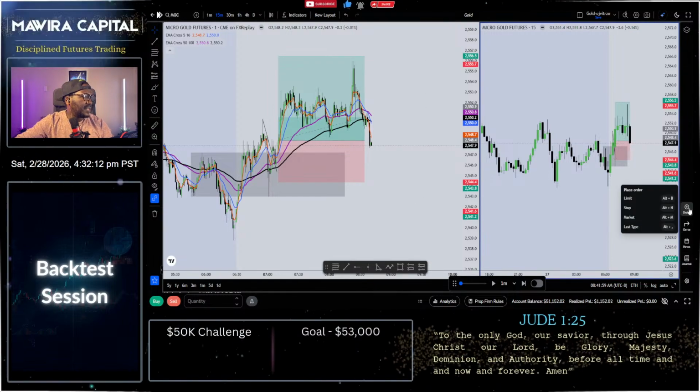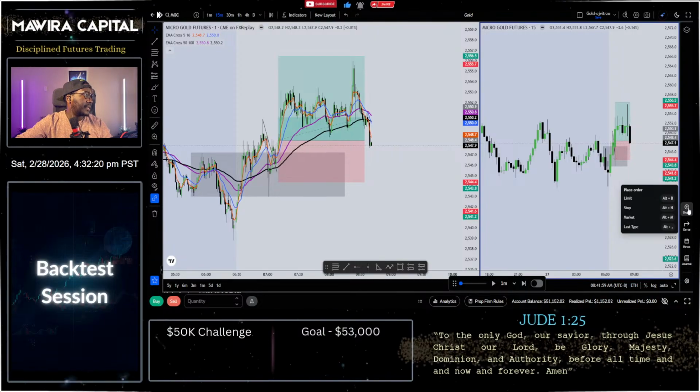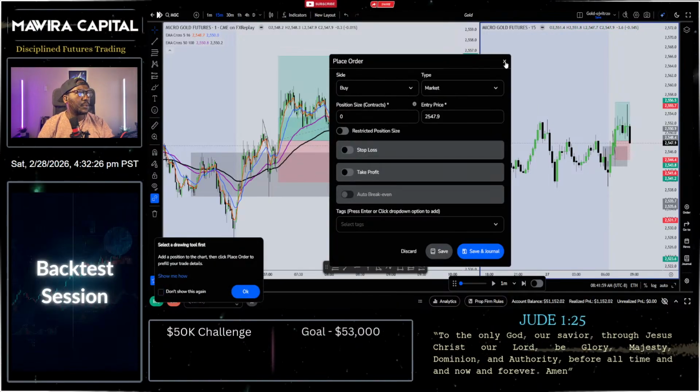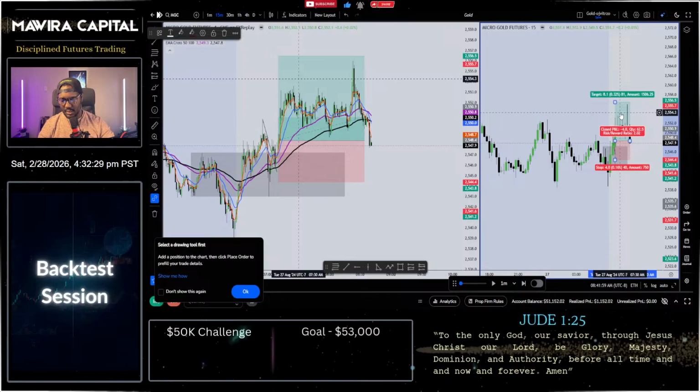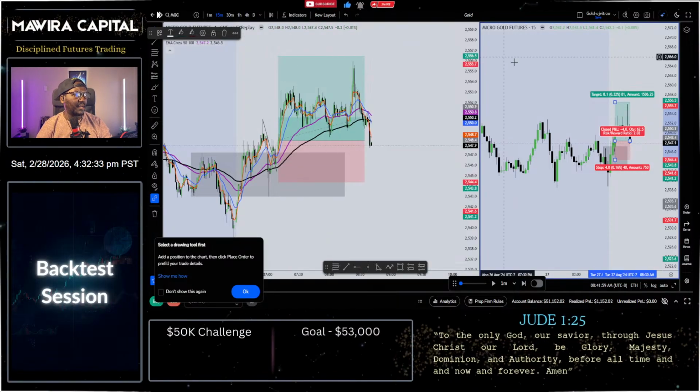So this used to be like place an order and then you'd have to go choose whatever. So look at that. So I can just say Alt M and that. Beautiful. So if it was that right there, Alt M, and you make sure that it's a market.